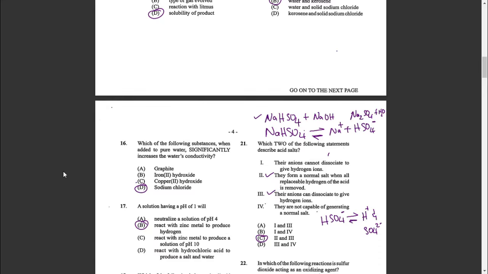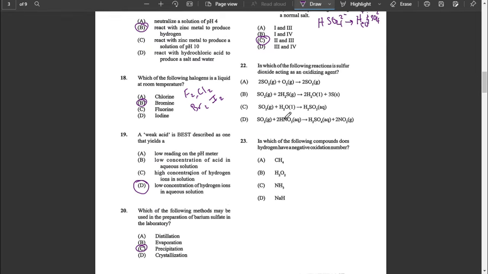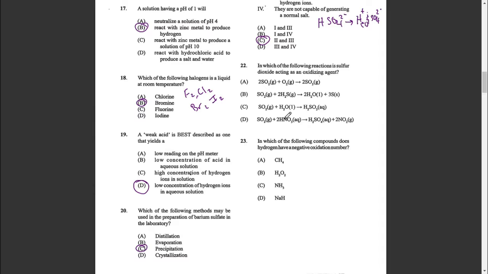Alright. Question 22. In which of the following reactions is sulfur dioxide acting as an oxidizing agent? Oxidation is the gaining of oxygen, the loss of electrons, the loss of hydrogen, an increase in oxidation number. Reduction is the loss of oxygen, the gaining of hydrogen, the gaining of electrons, or a decrease in the oxidation number.